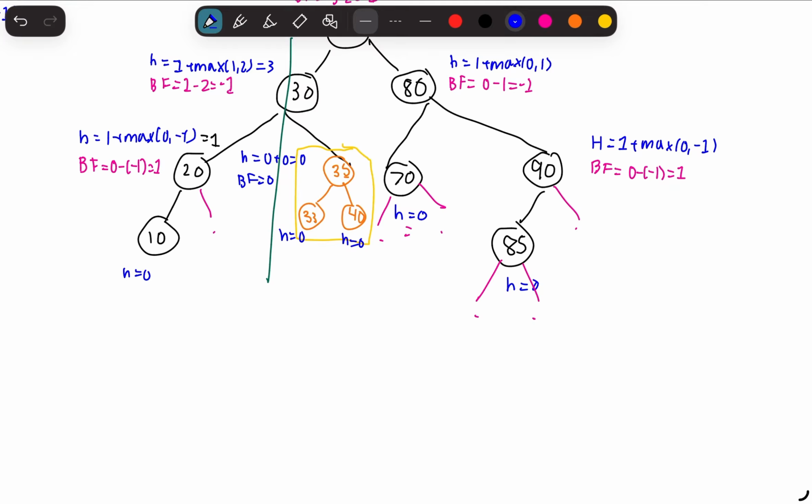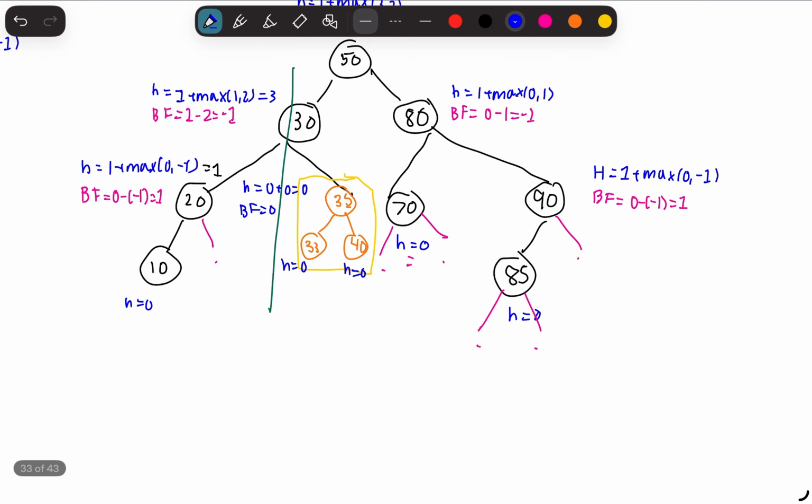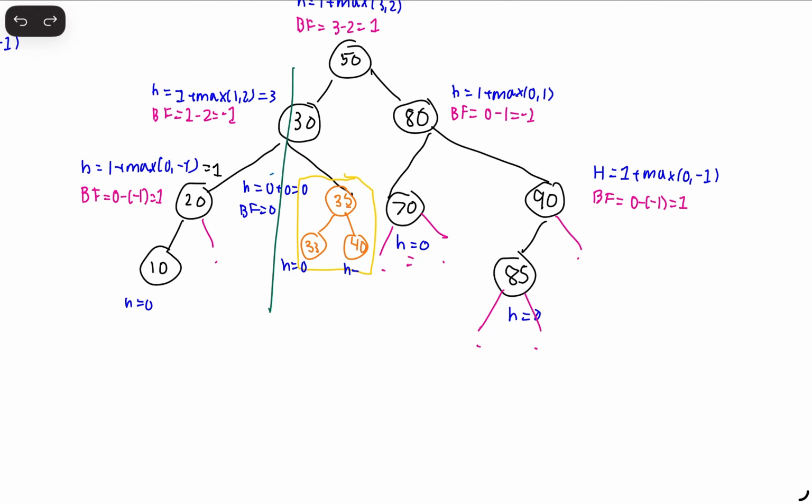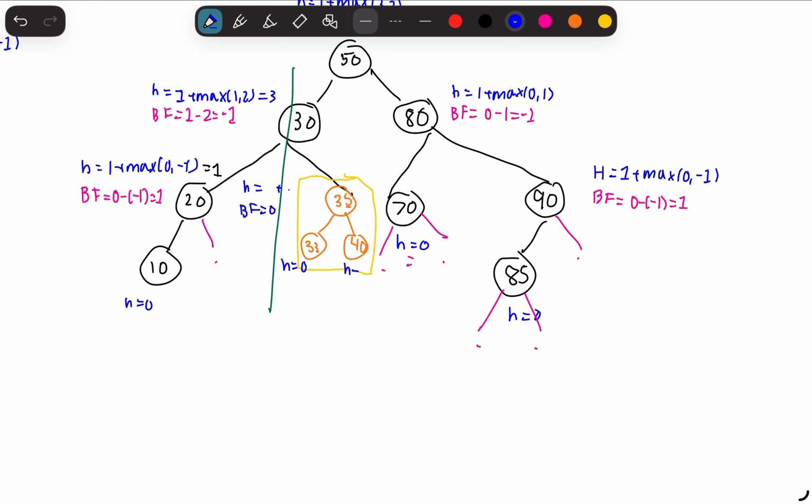So let's look at node 90. It's still going to be 1. Node 30: now you have a left that is 1 and a right, 35, with a height of 1. So you have to add 1 to that.